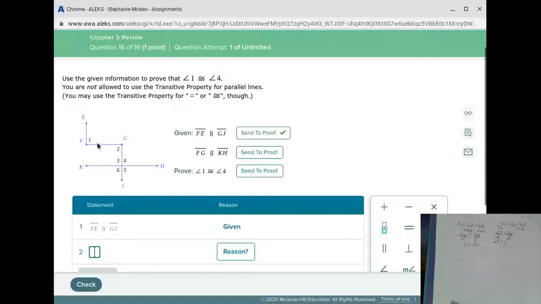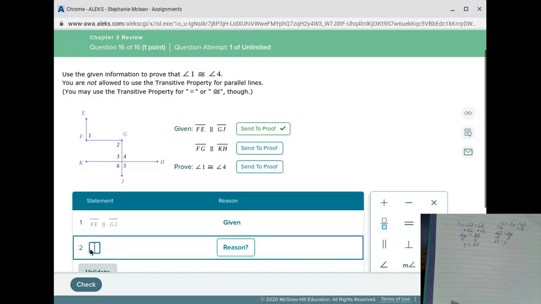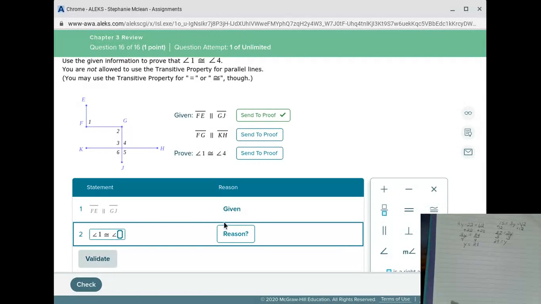Because these two lines are parallel, angle 1 and angle 2 are alternate interior angles, and therefore they are congruent. So I'm going to say angle 1 is congruent to angle 2.